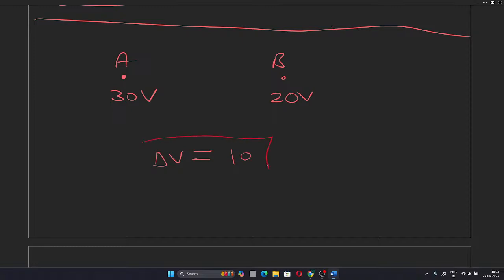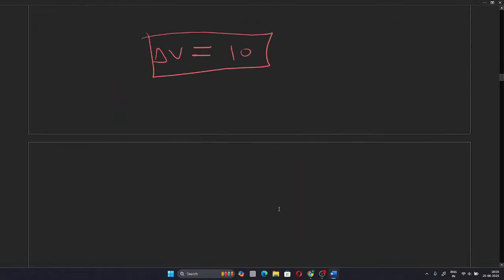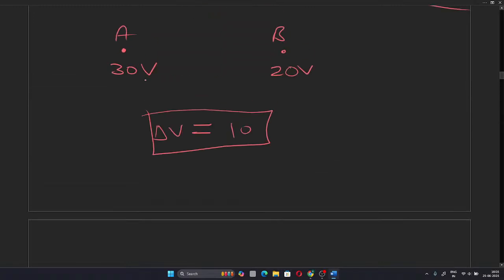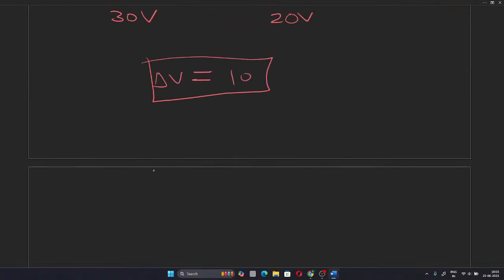When we only want the main value, what we want is the potential difference. In such a case, we know the potential difference across these two points.